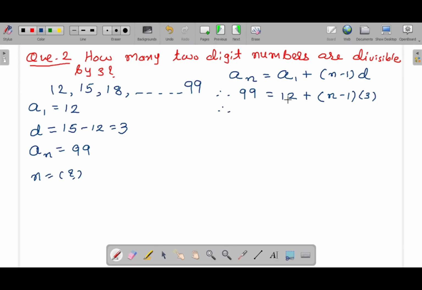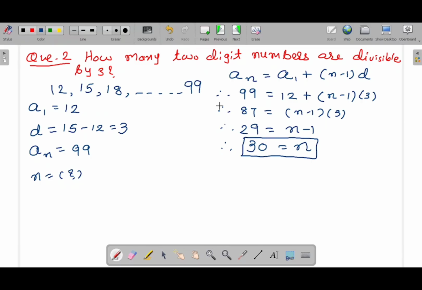Here first we bring this 12 to the left-hand side, so we get 87 equals N minus 1 into 3. Now we can bring this 3 to the denominator. So 87 divided by 3, we get 29 equals N minus 1. So N is equal to 30. That means in this given AP, the 30th term is 99.